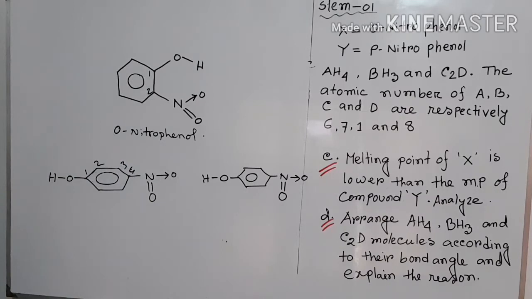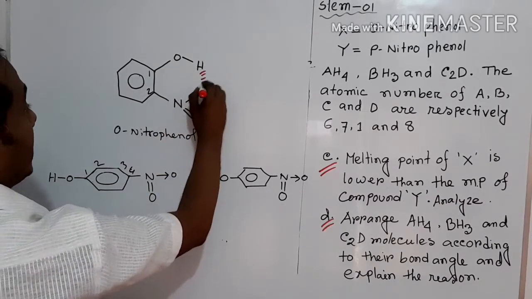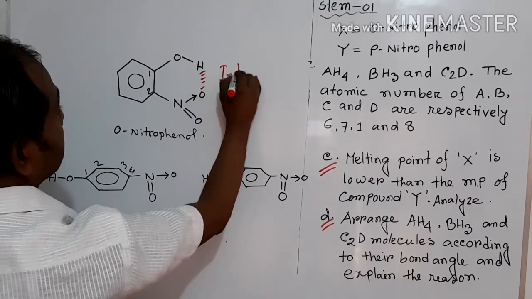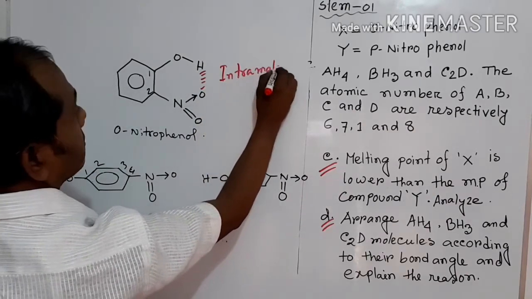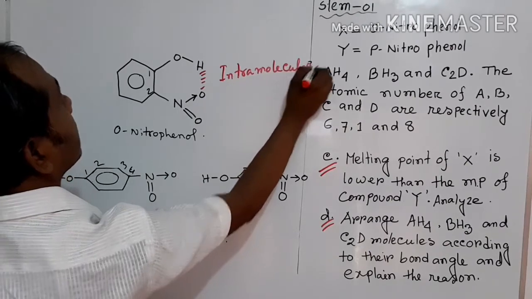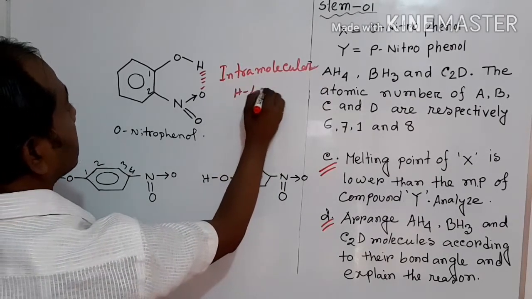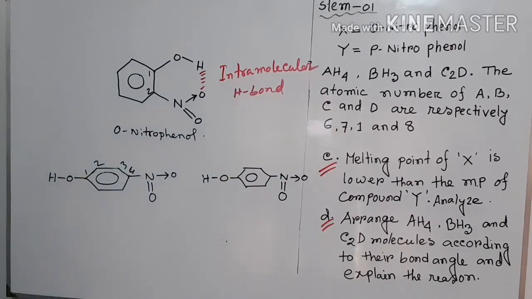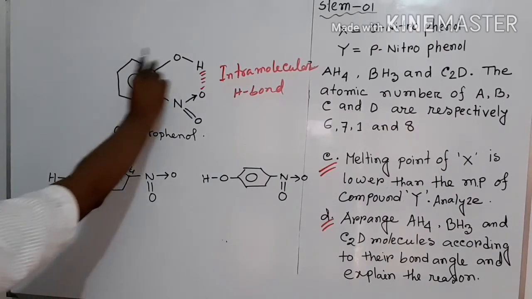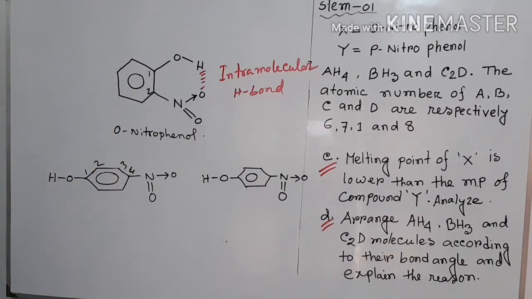These two groups can easily form an intramolecular hydrogen bond. As a result, this molecule remains single, and that's why the melting point or boiling point of orthonitrophenol is lower.